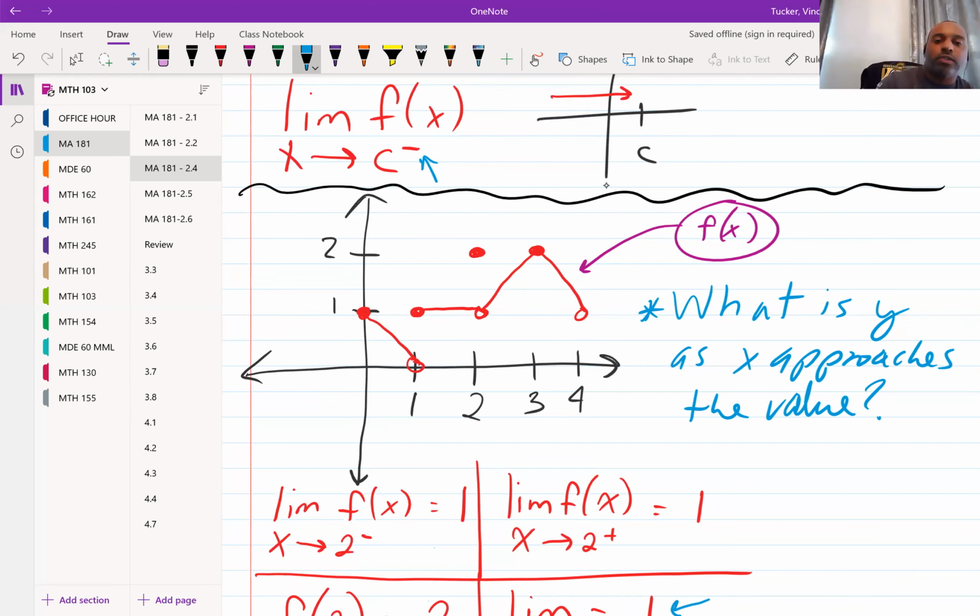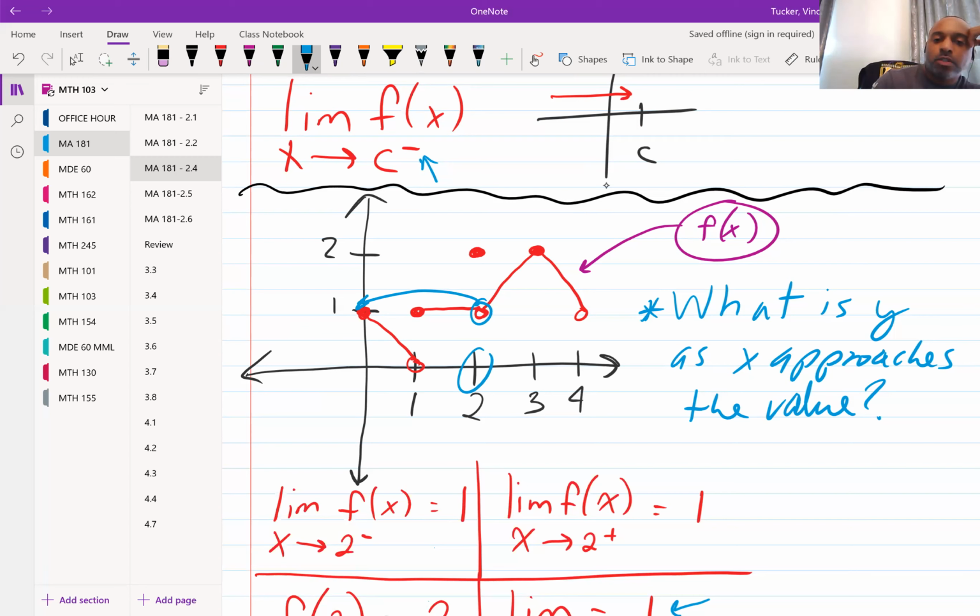If we're looking at 2, 2 is right here. So as x approaches 2 from the left side, what is y? y is going to be 1.